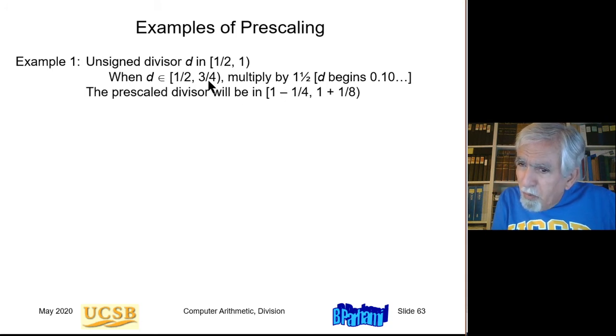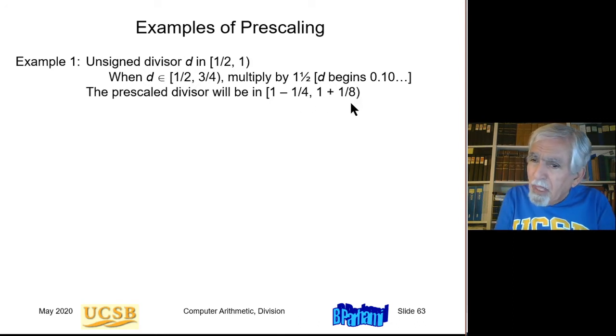If it's 3/4 and I multiply by 3/2, I get 9/8, which is this. So the values of D in this range are transformed to this range. And then from 3/4 to 1, I don't do any pre-scaling. So that's still in this range.